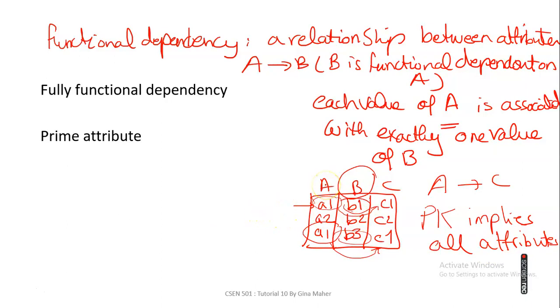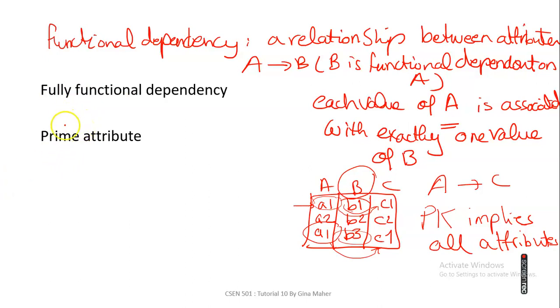Okay? So the functional dependency is the relationship between the attributes. Okay? And we decide that B is functional dependent on A if each and every value of A is associated with only one value of B. Okay. What is the meaning of fully functional dependent? Okay.